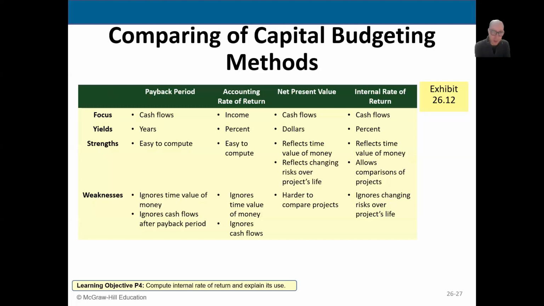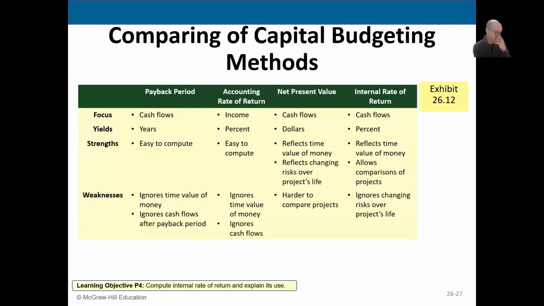This kind of just summarizes the strengths and weaknesses of capital budgeting. We looked at the payback period, accounting rate of return, net present value, and internal rate of return methods.